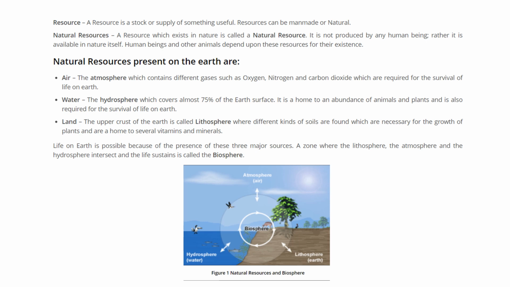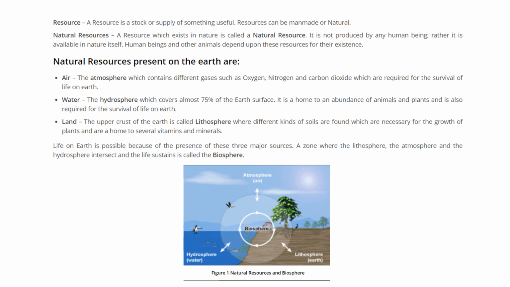Similarly, water, which covers 75% of the earth, forms the hydrosphere. We find many aquatic plants and aquatic animals. They give life to many animals and plants which are required for the survival of the earth. So that is the biological balance that should be maintained. Then coming to the land, the upper crust of the earth is called the lithosphere.